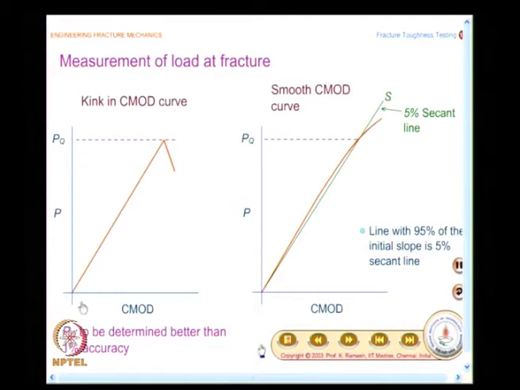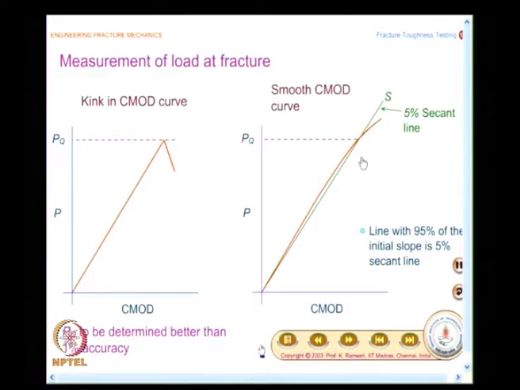So, I have on the x axis crack mouth opening displacement, on the y axis I have the load, and in this case the load increases and you have a nice kink on the curve, and the load is referred to as PQ. This also happens to be the maximum load in this type of specimen behavior.